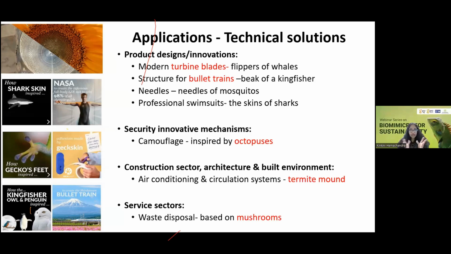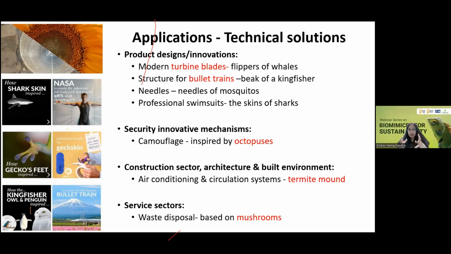And also, not only that, another very nice example from product design is the turbine blades. I hope you have seen very big turbines in different types of manufacturing processes, like energy manufacturing, and also in wind turbines.